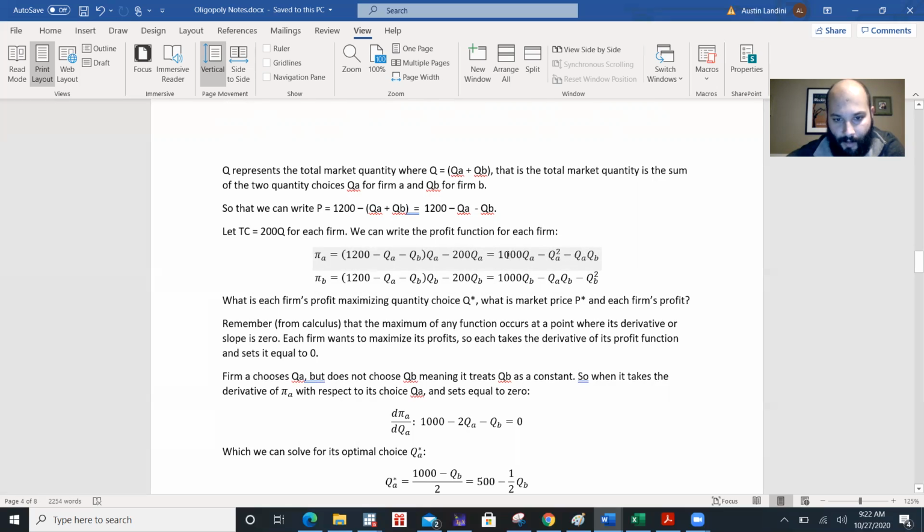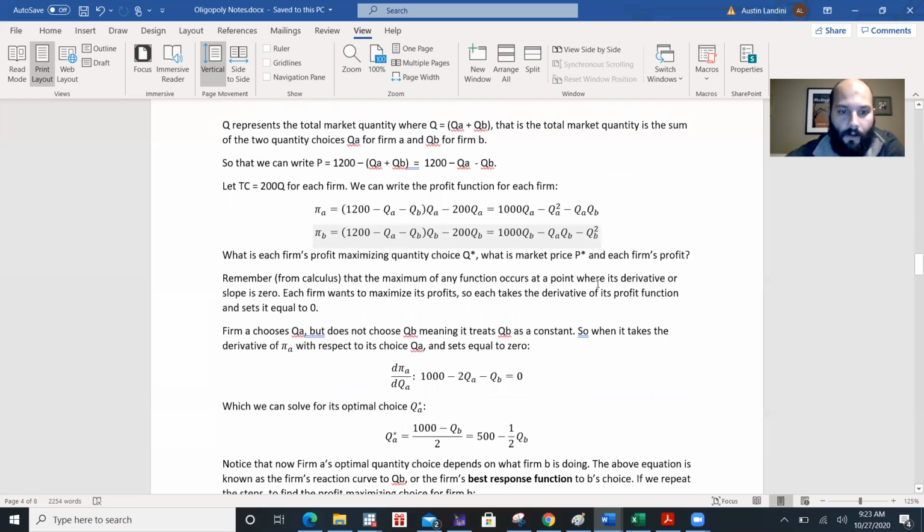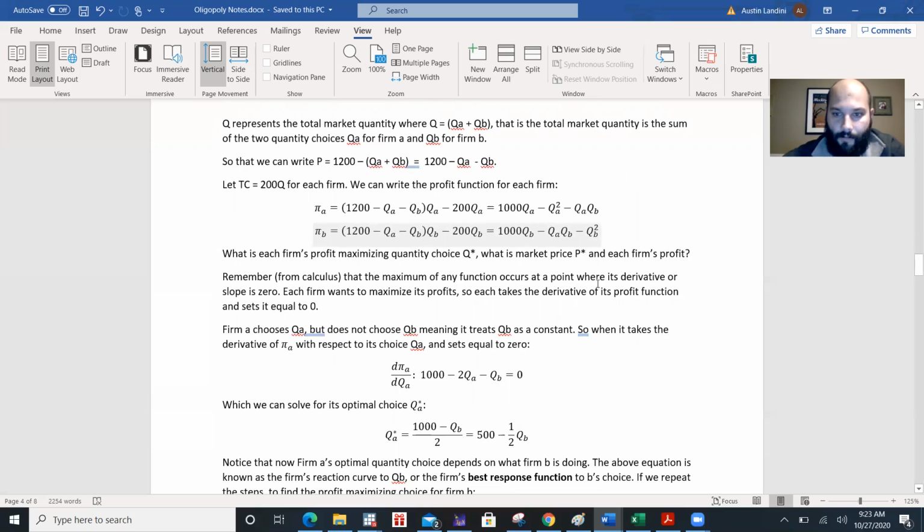Then for B's profit function, we've got 1200 QB minus 200 QB, so 1000 QB, then a minus QA QB and a minus QB squared. If you're having trouble defining a profit function or writing it down, let me know. Again, we're just assuming that the market price depends on both of the quantity choices of the two firms.